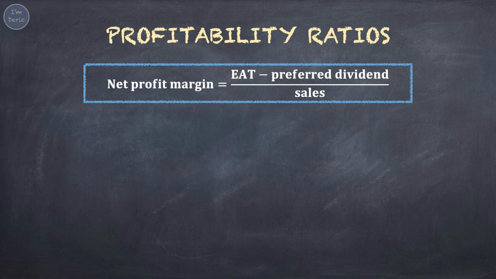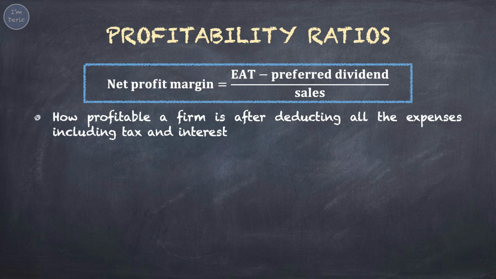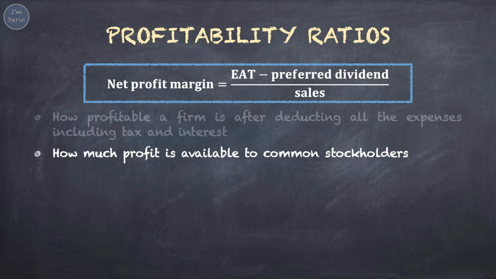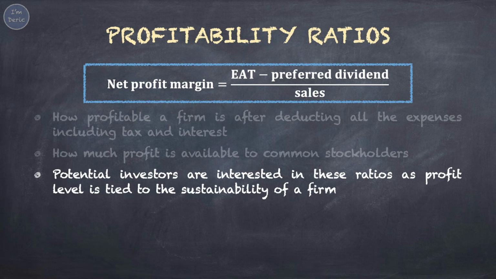However, for net profit margin, it is calculated by taking EAT minus preferred dividend over sales. It measures how profitable a firm is after deducting all the expenses, including tax and interest. Net profit margin shows how much profit is available to common stockholders. Potential investors are interested in these ratios, as profit level is tied to the sustainability of a firm.